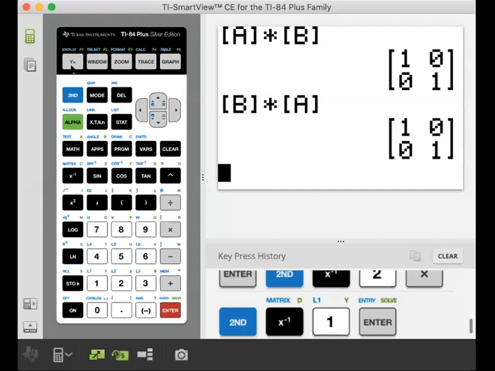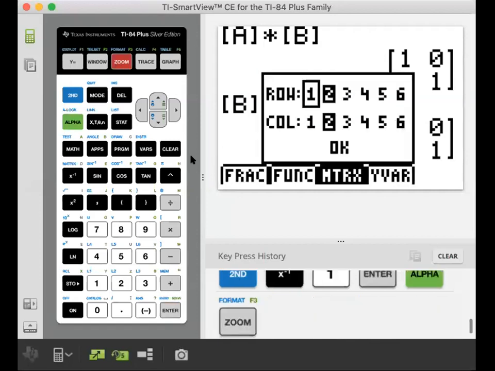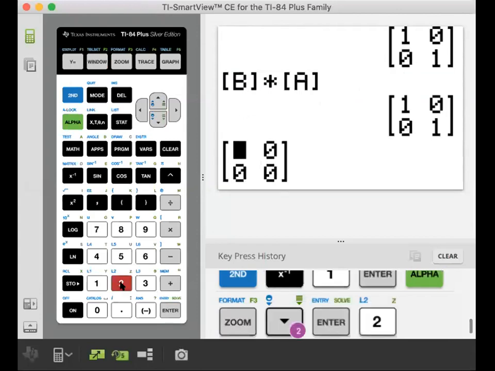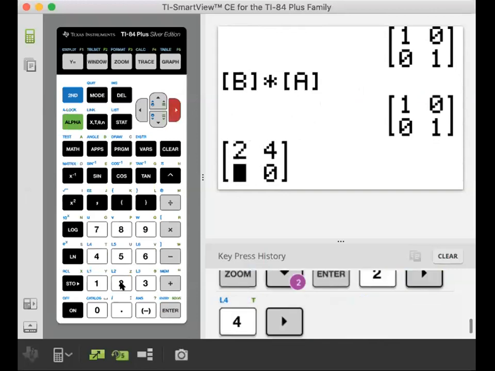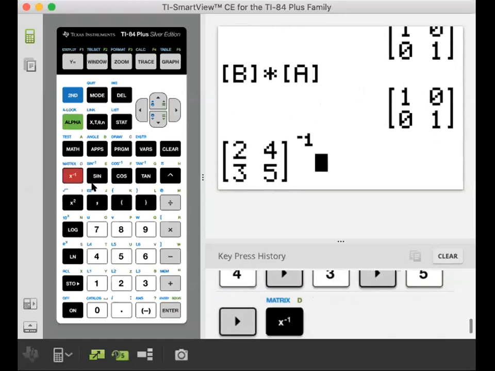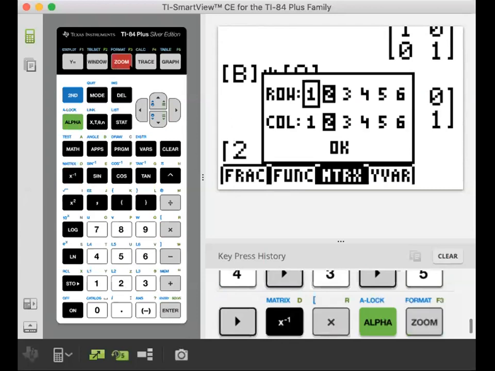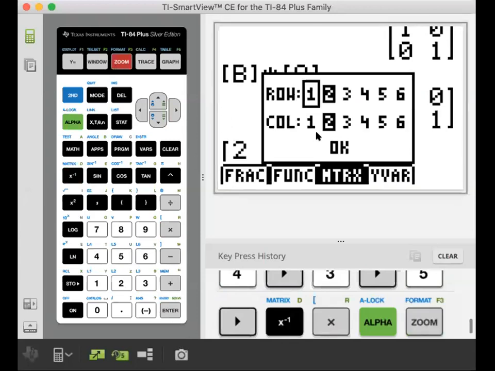If I have that equation that we had before, I say alpha zoom 2 by 2, and I just say 2, 4, 3, 5 inverse multiplied by alpha zoom, I'll make a 2 by 1.